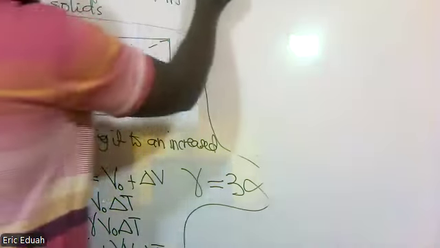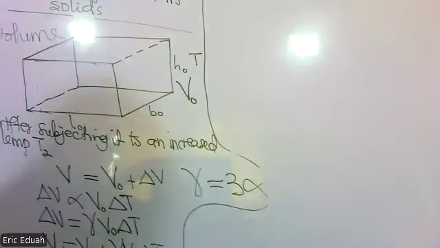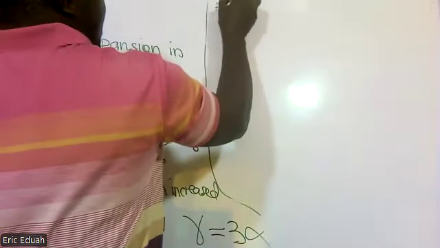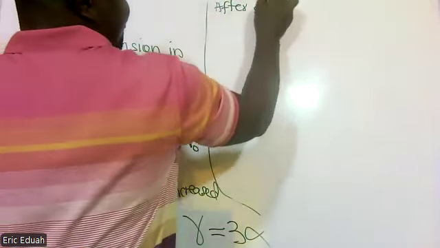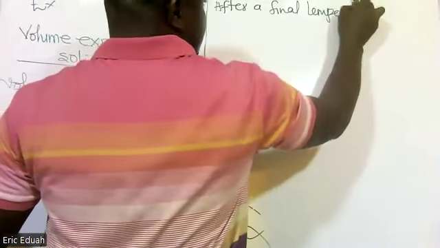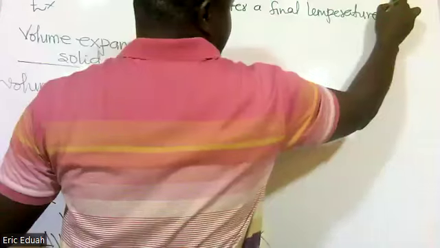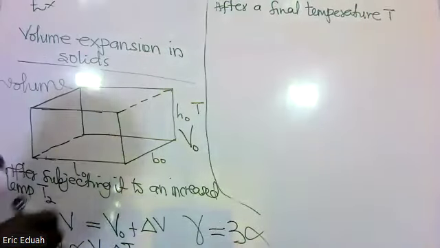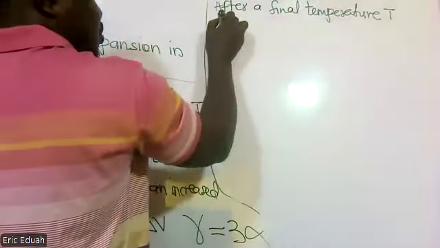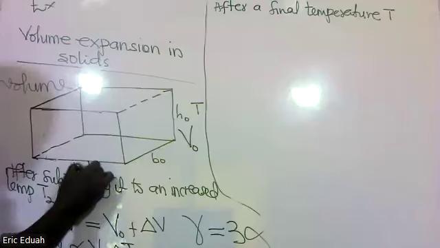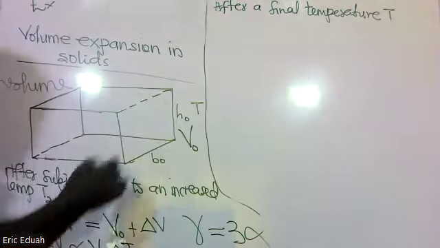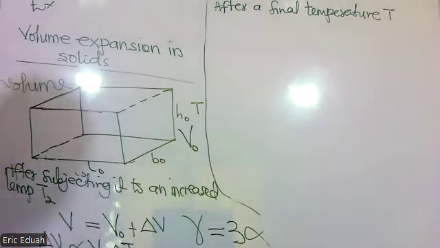So after a final temperature T, there will be an increase in the volume because the length L naught, the breadth, and then the height H would all increase.